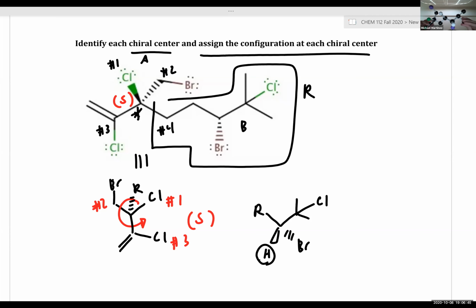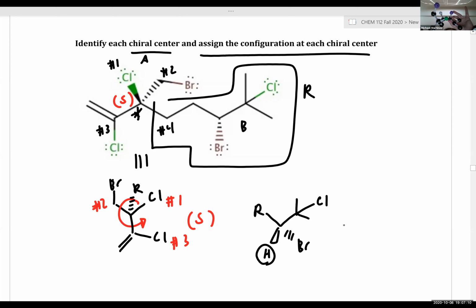So what we're going to do is just rotate our carbon-carbon bond so that now our hydrogen is in the back. Now that our hydrogen is in the back, we're just going to draw what we see.